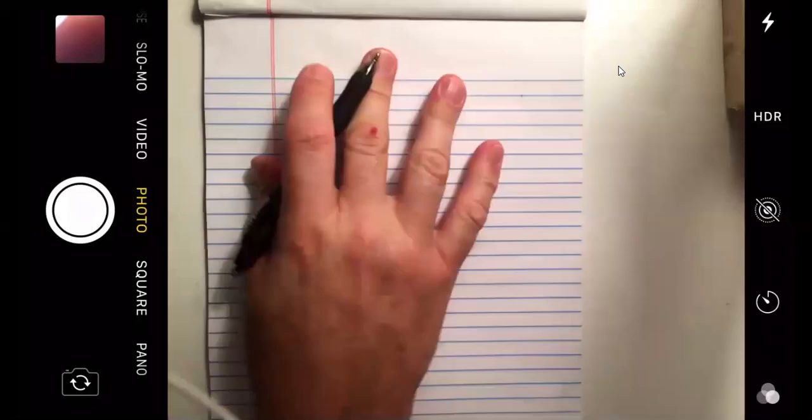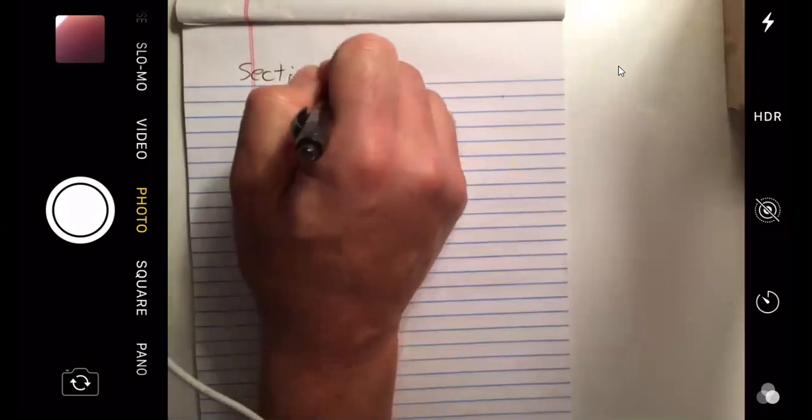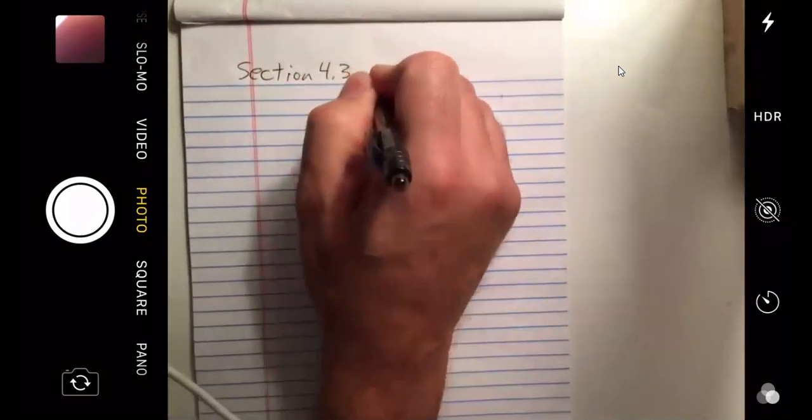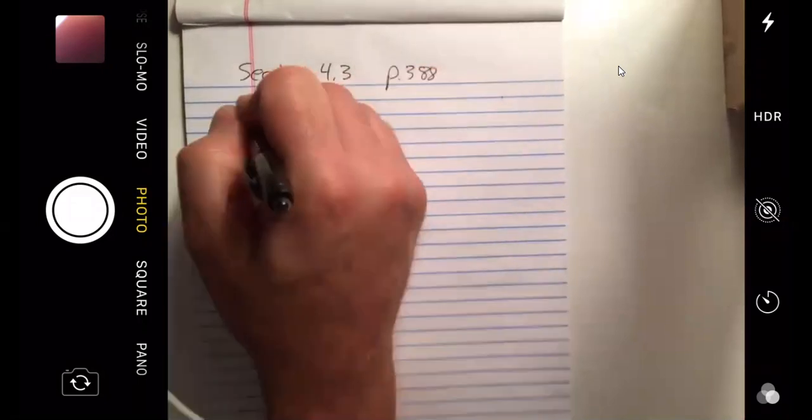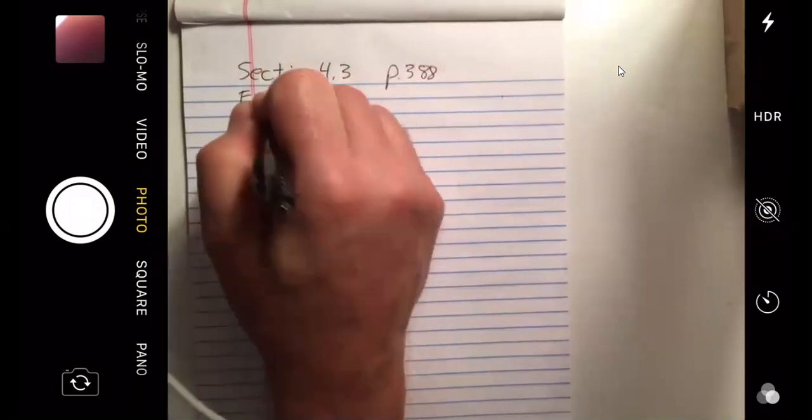So can you see my pad of paper? Yes, I do. Okay. So we'll start on section 4.3. This is on page 388 in the regular book, in the exercises in the ebook.